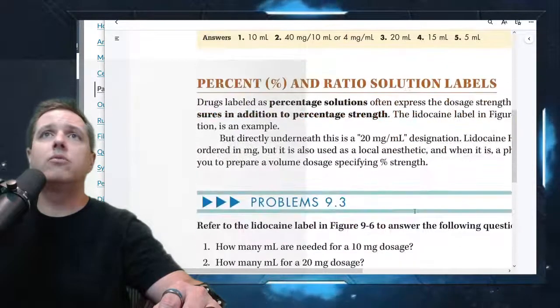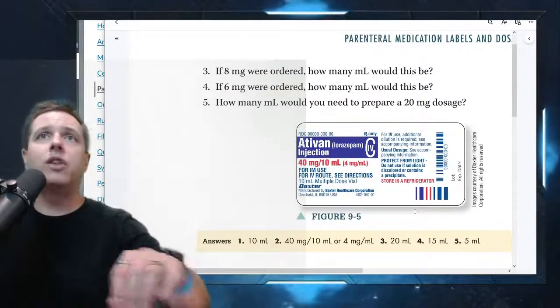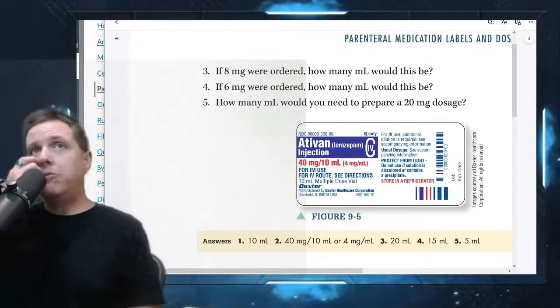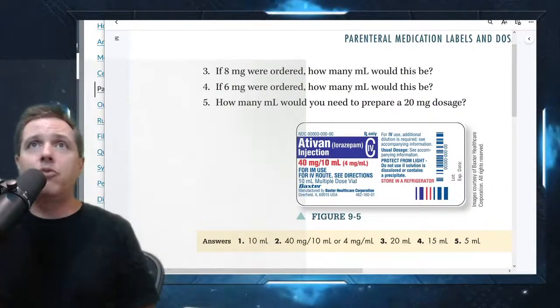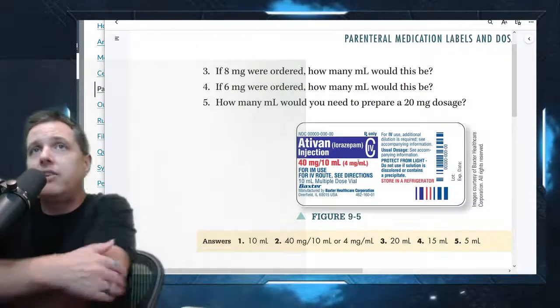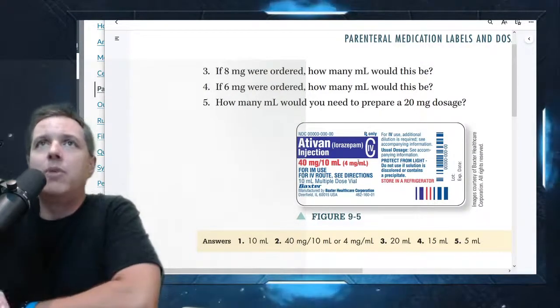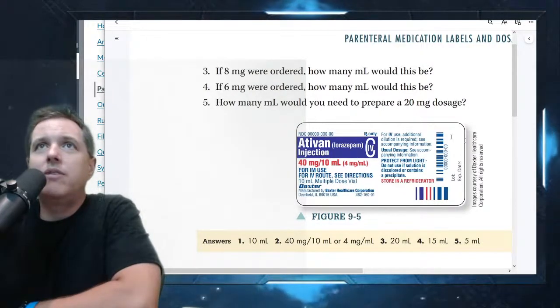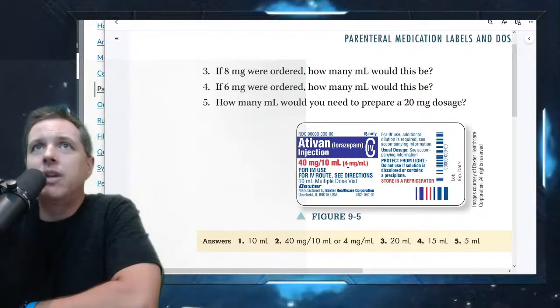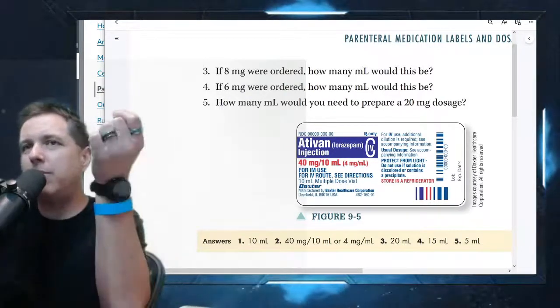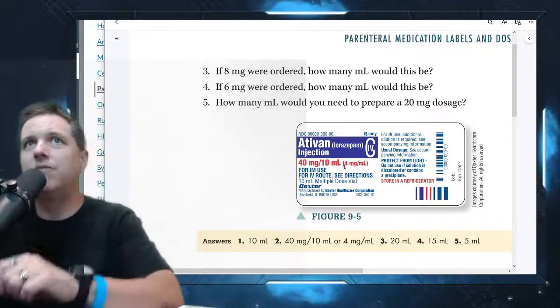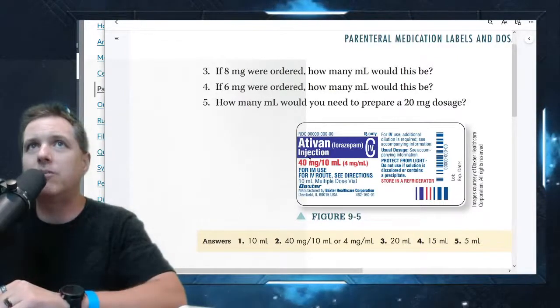Let's see, which one should we, yeah, let's look at this one. Okay, so for this one, we see the label, and we see that it's 40 milligrams per 10 milliliters or 4 milligrams per milliliter. So sometimes they give you 2 different ways of thinking about it. What it looks like from the book is sometimes they give it to you as 4 milligrams per milliliter, but if there's a real common dosage this is given as, they'll tell you that conversion as well just to make it simple.